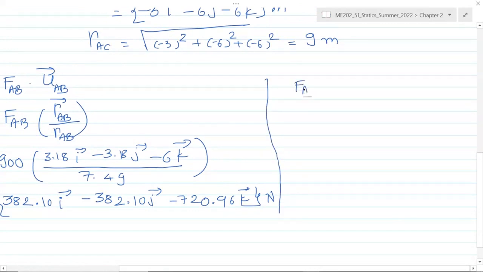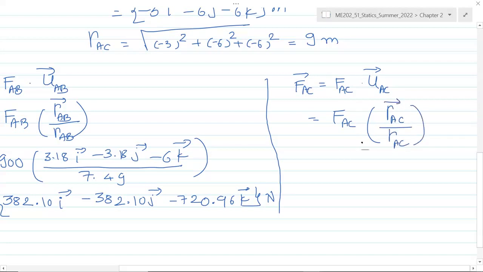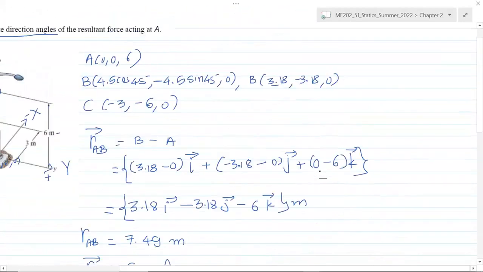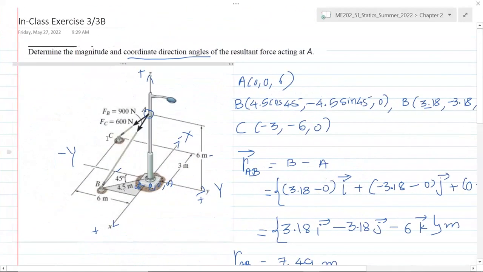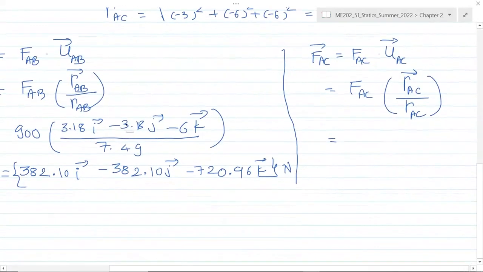So FAC is equal to the FAC magnitude multiplied by direction. And direction we derive from the position vector, so it's rAC divided by rAC, where rAC in the numerator is the vector and in the denominator it's the magnitude of the vector. Now the magnitude of force AC is given here, that is 600 newtons. So go back and substitute that here.